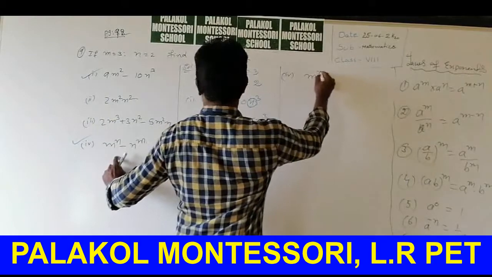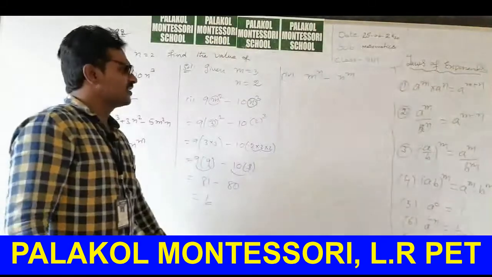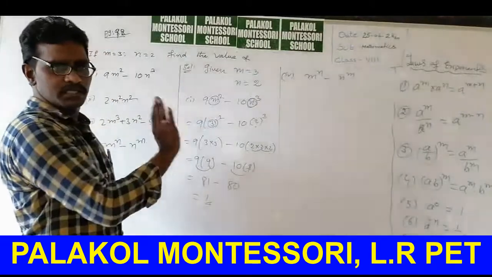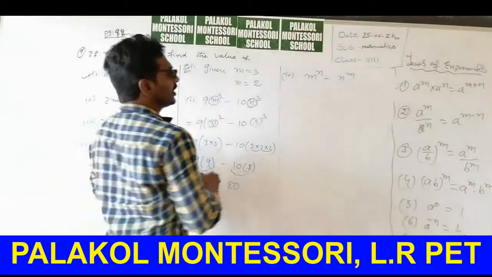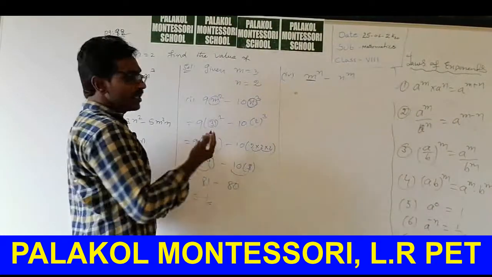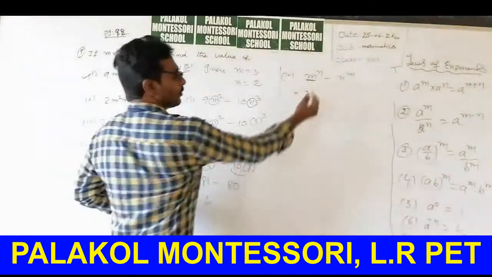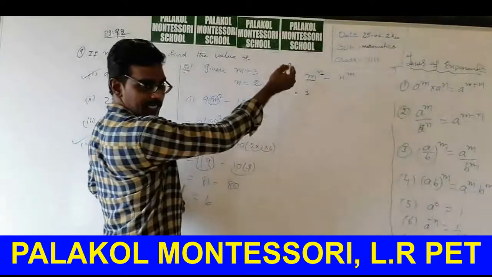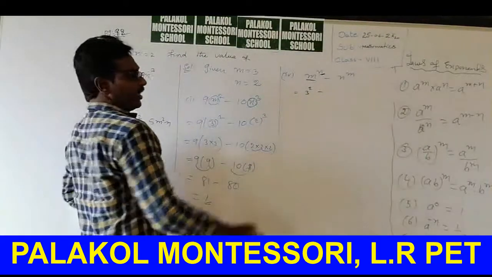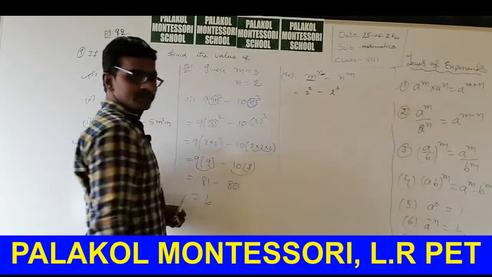m power of n minus n power of m. Simply, the values are substituted in their places. Here what is the letter? m. The m value is given as 3. Put 3 in this place. Here the power is n, which is 2. Minus n power of m, so 2 power of 3.